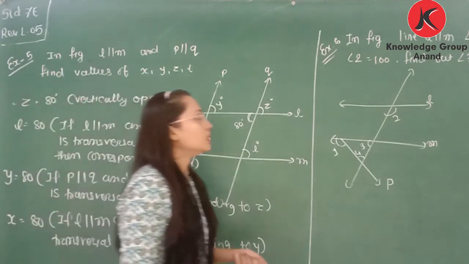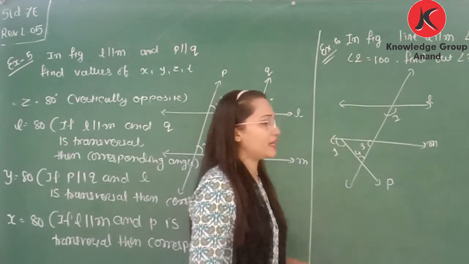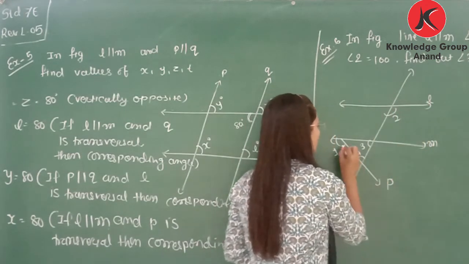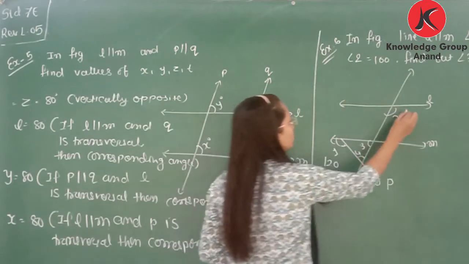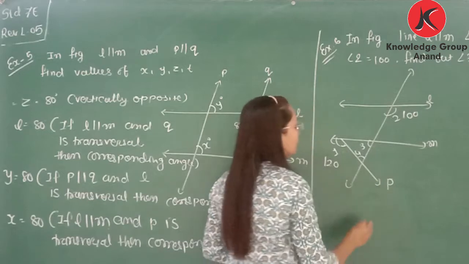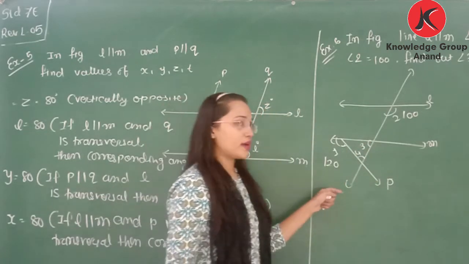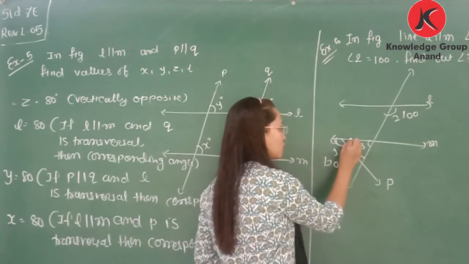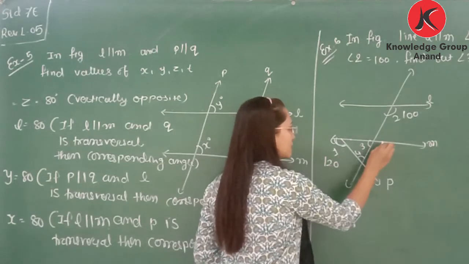Now next. In the figure, lines L and M are parallel. These two lines are parallel. Angle 1 is given here as 120, angle 2 is 100, and you need to find angle 3 and angle 4. So let's find this angle first.